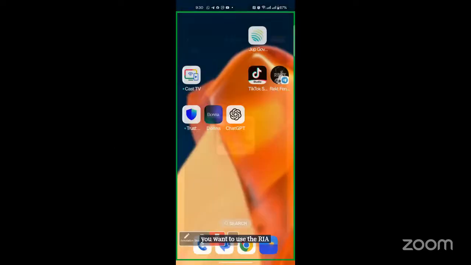Now, in the automatic way, you want to use the RSI in the automatic way. So let's dive into that also very fast here.